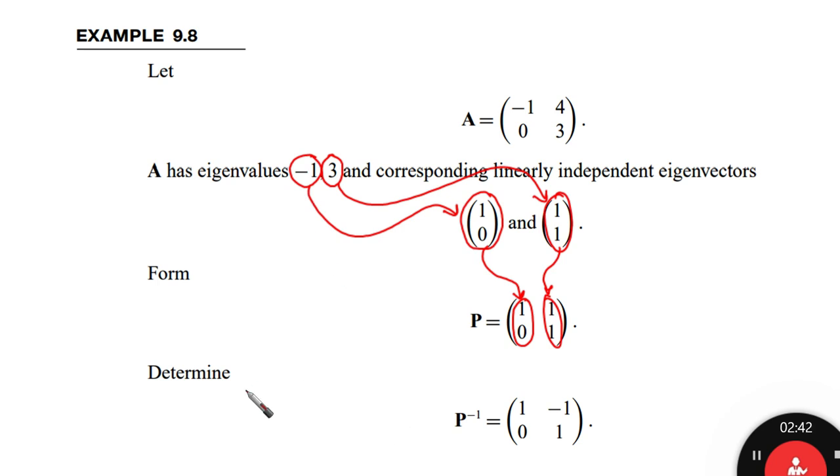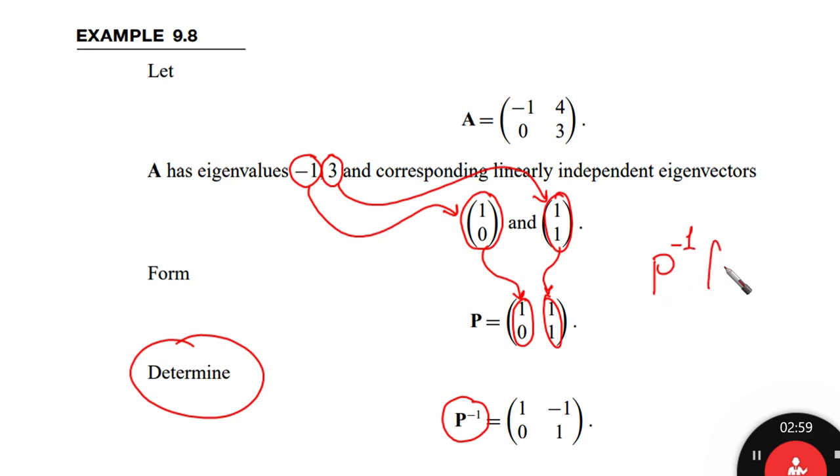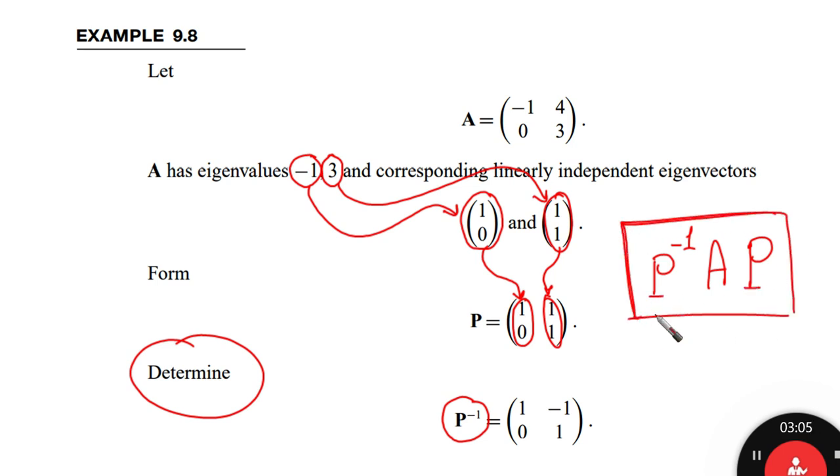Okay, now we're going to determine P inverse. Remember that we are searching for P inverse times A times P. This is what we are trying to get, right?